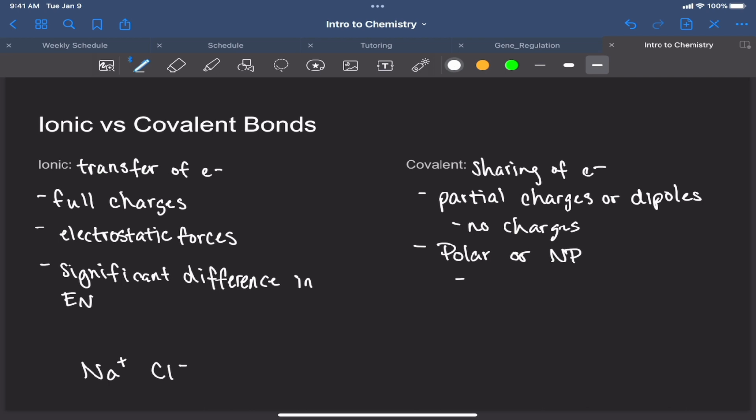And this is dependent on the electronegativities, right? A greater difference in electronegativities, polar. Lesser difference in electronegativities, nonpolar. And I can give you guys two examples. Carbon bonded to hydrogen is nonpolar. Oxygen bonded to hydrogen is a polar covalent bond.